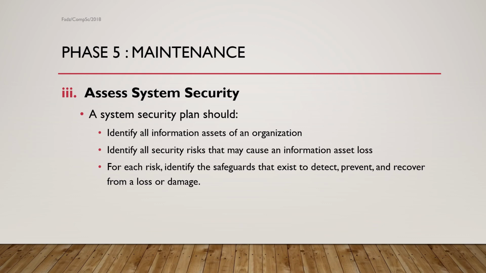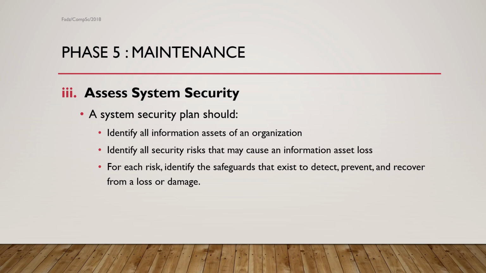So for each risk yang kita dah identify tadi, kita mesti letakkan safeguards ataupun measurement. Apa yang perlu kita choose sebagai safeguard, ya? Untuk apa? To detect, prevent and recover from a loss or damage of information tadi.